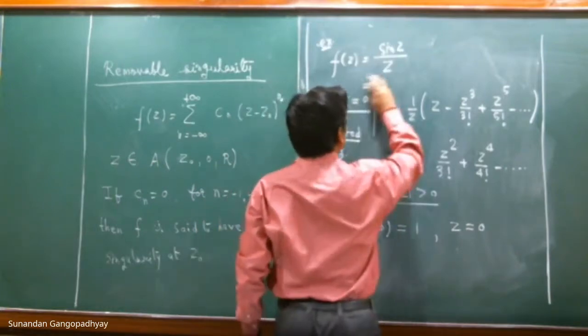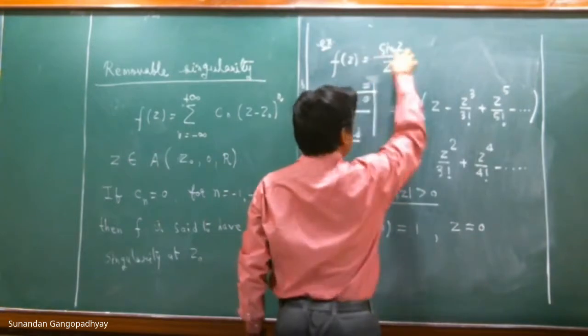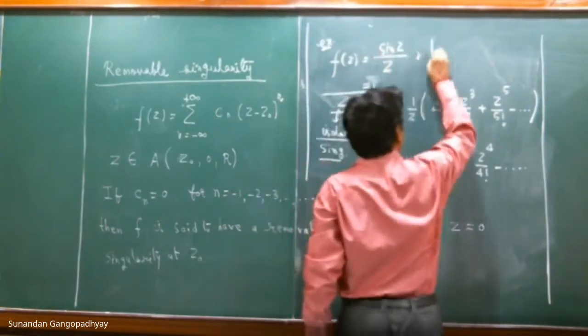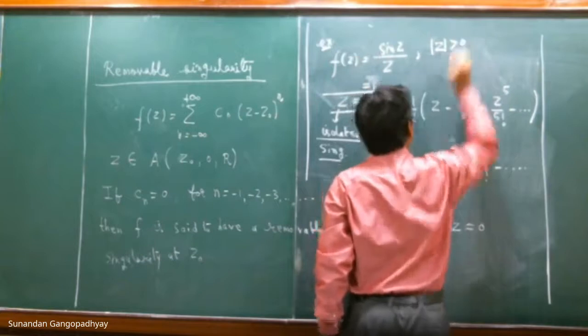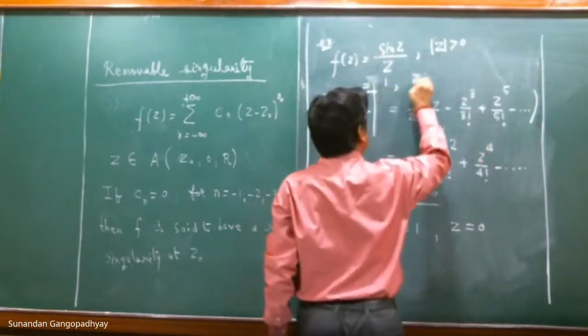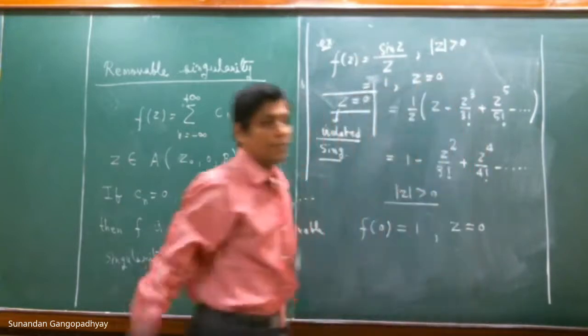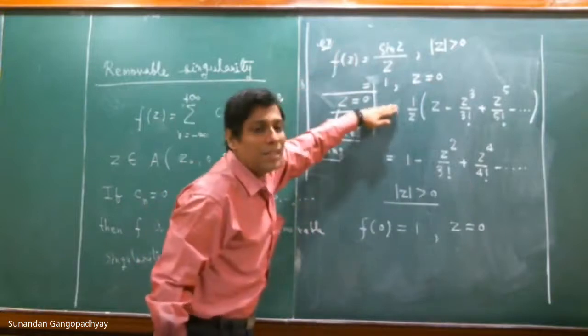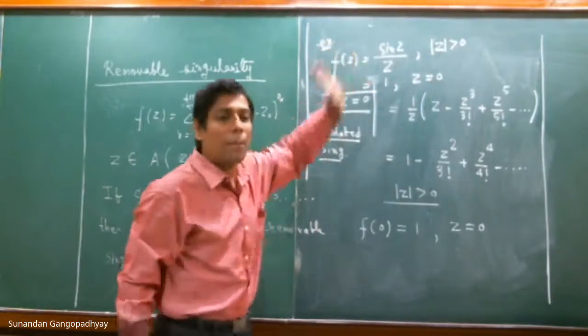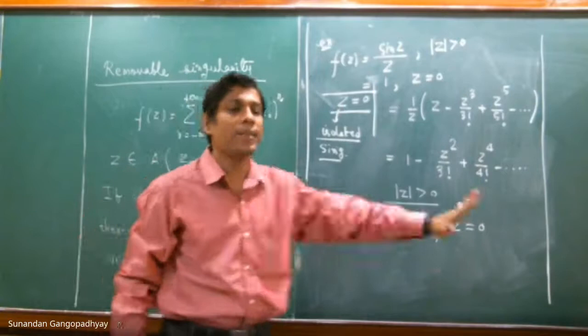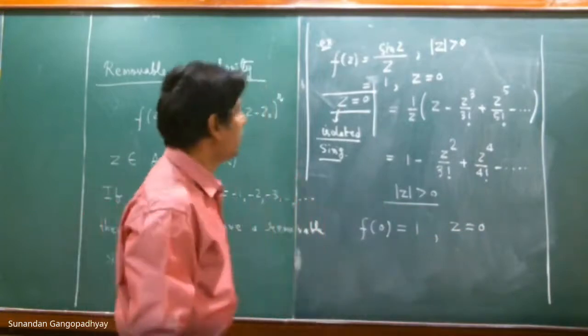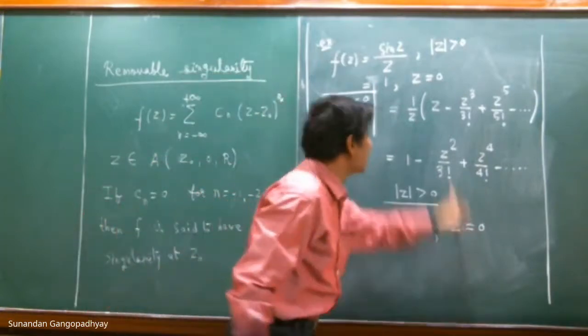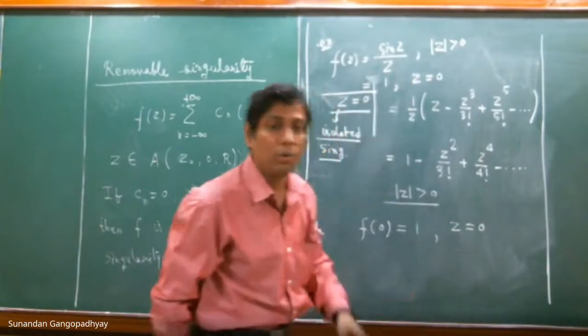You say that f of z is sine z by z for mod z greater than 0 and it is equal to 1 for z is equal to 0. Now if you define the function in this way, it is completely analytic at all points in the complex plane. That is why the point z is equal to 0 is called a removable singularity.